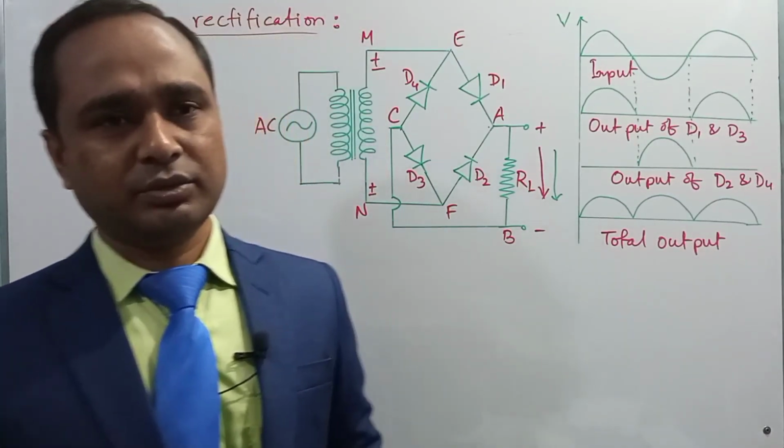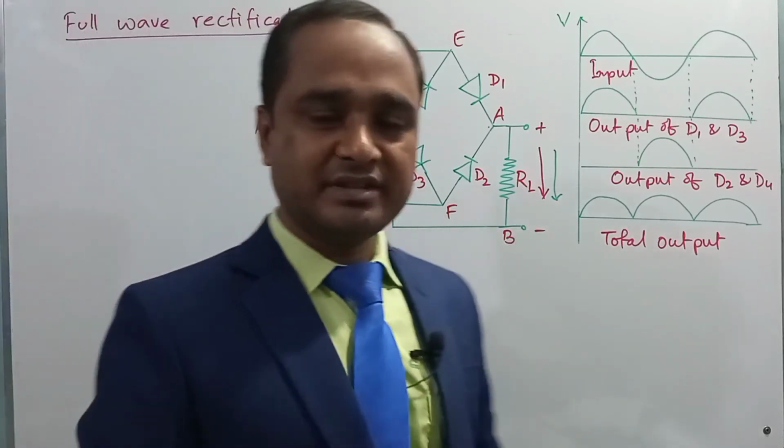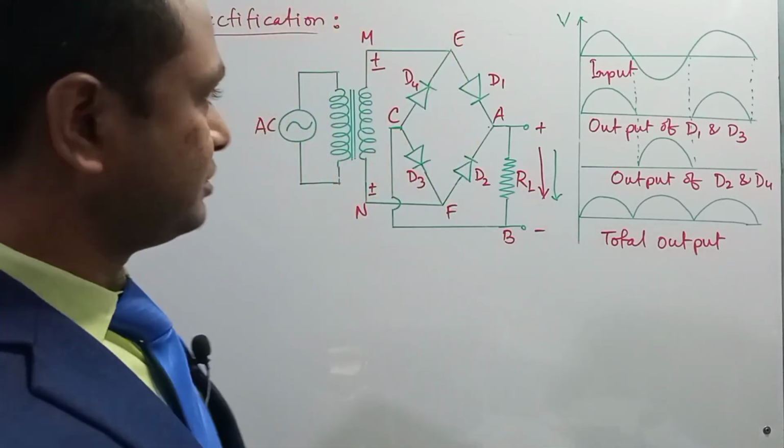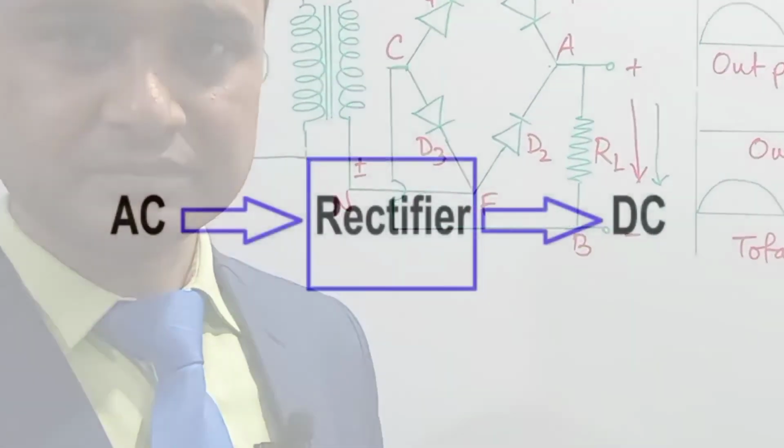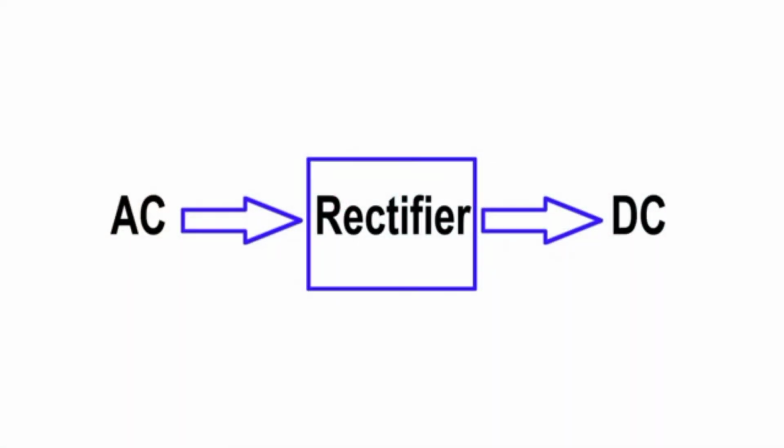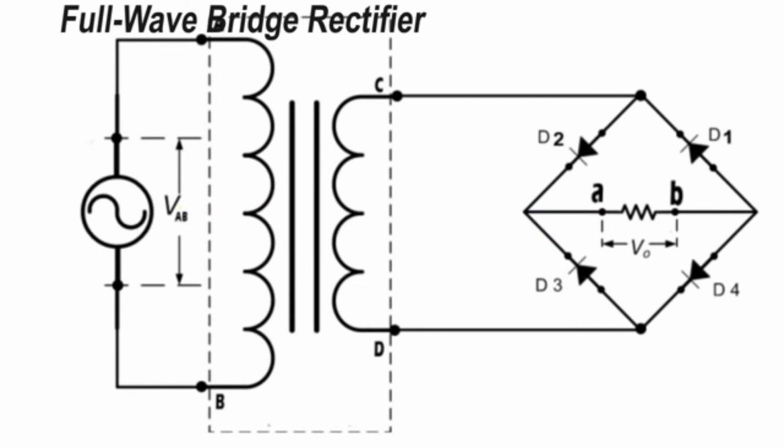Dear student, now we can see an animation of the bridge rectification which will help us a lot to realize this phenomenon. Okay. The circuit used for this conversion purpose is known as a rectifier. One type of rectifier is known as the full wave bridge rectifier.